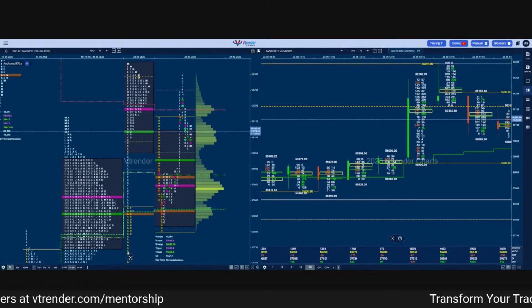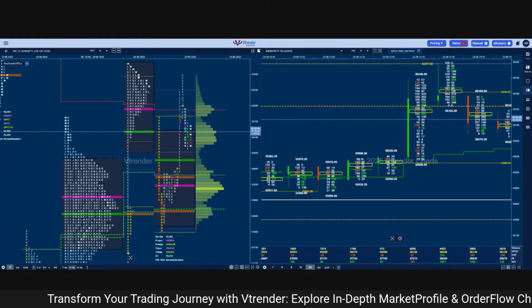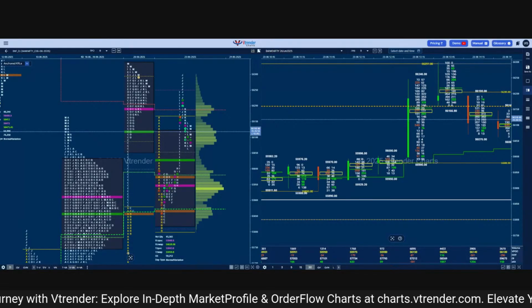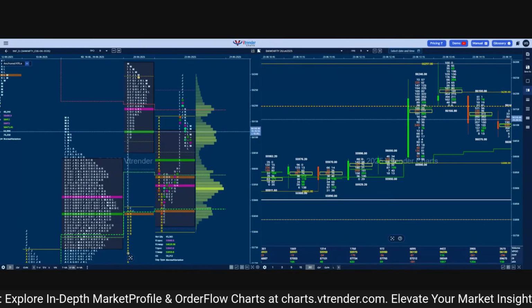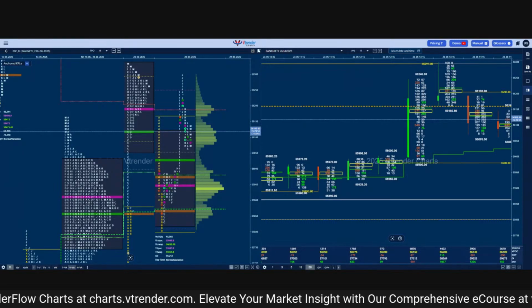Order flow we use for 30 minutes and 3 minutes. 3 minutes, 1 minute, 5 minutes are also available. 15 minutes also is there. So we don't use order flow to watch daily charts because that is not as informative as the shorter time frames, because you can see in 30 minutes market profile is based on 30-minute blocks.